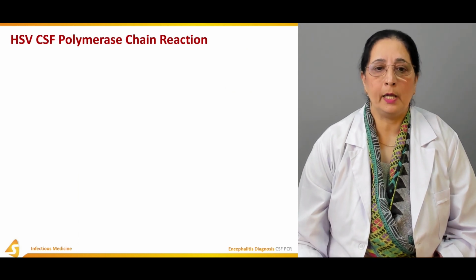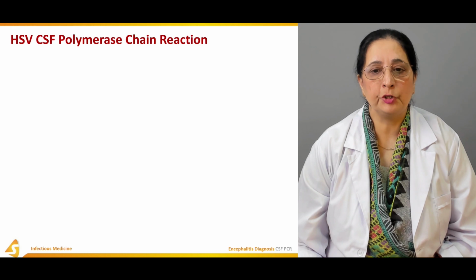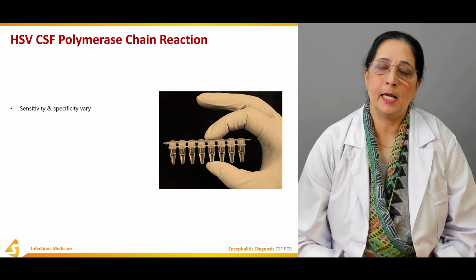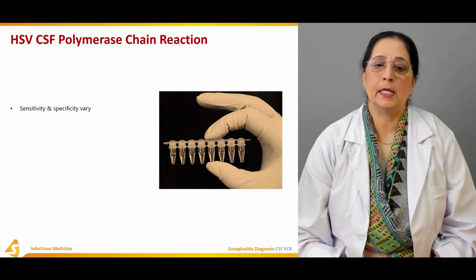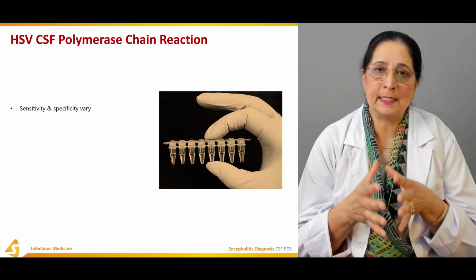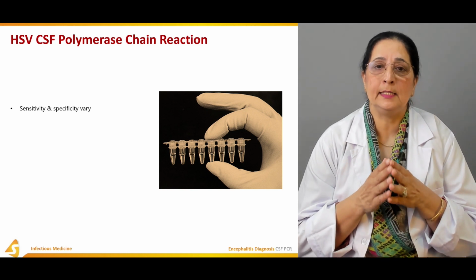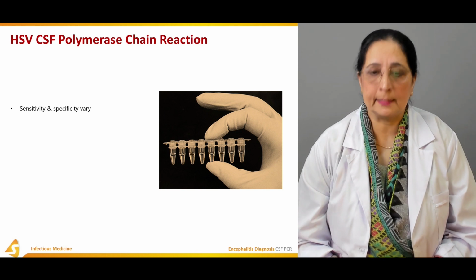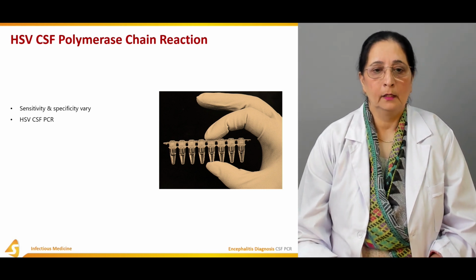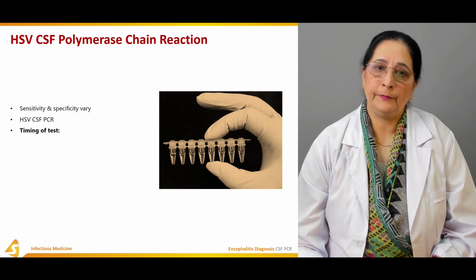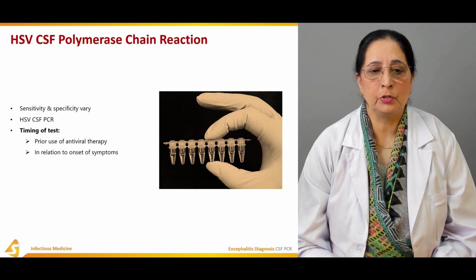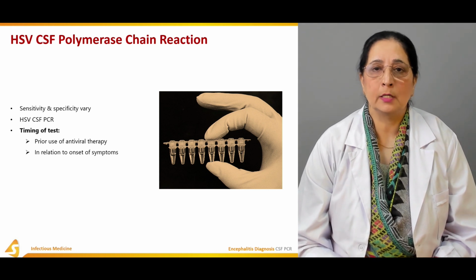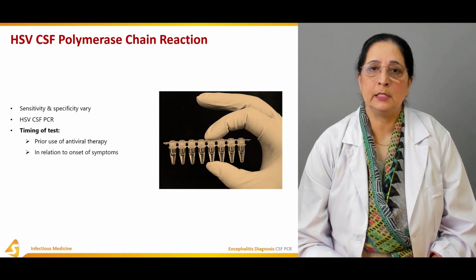Herpes simplex virus CSF polymerase chain reaction. The sensitivity and specificity of this test may vary, depending on how sensitive and specific this test is for the diagnosis of herpes simplex virus infection. Timing of the test, prior use of antiviral therapy in relation to onset of symptoms. So this is important.